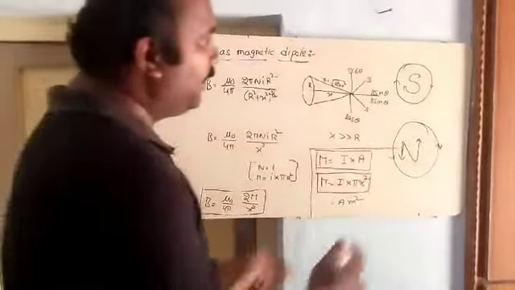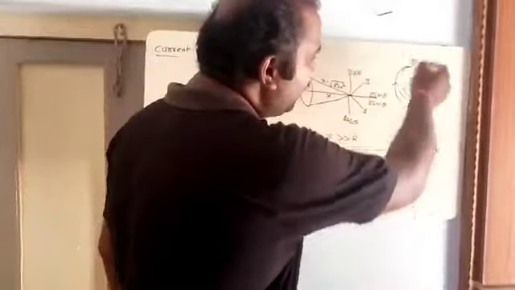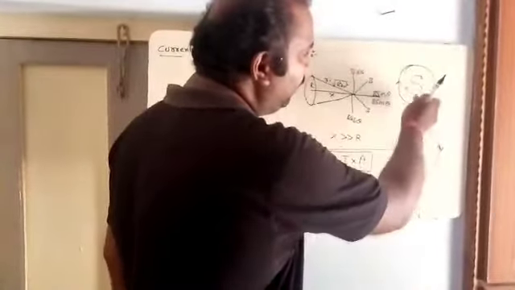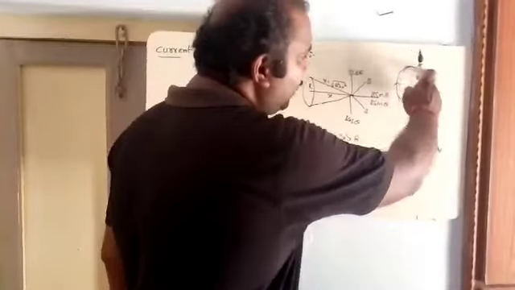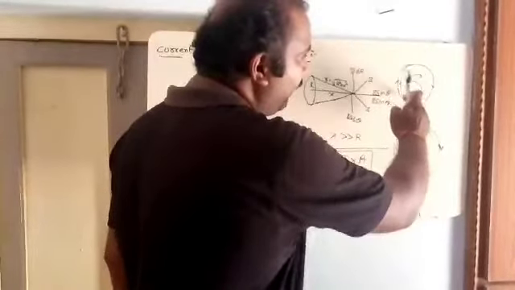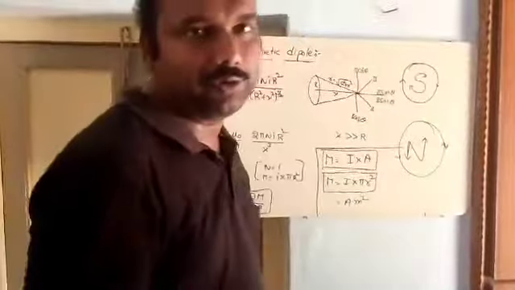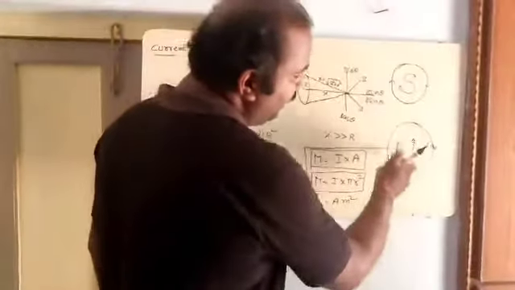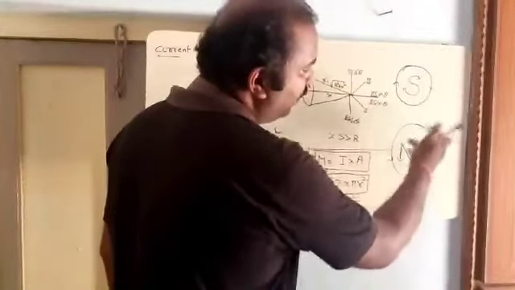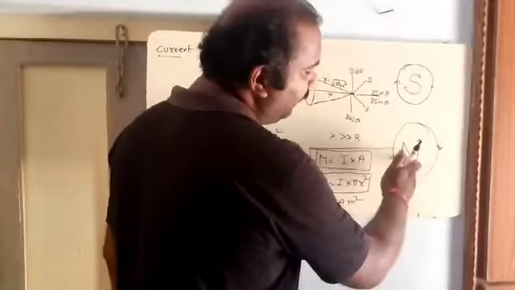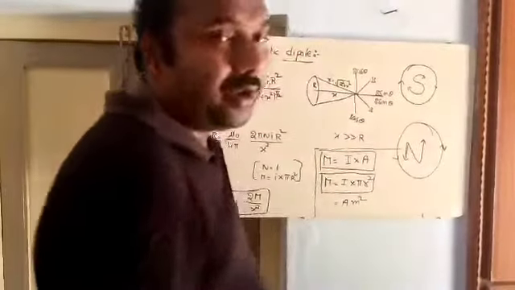So once again, observing the circular loop from the top, clockwise current makes that face act like a south pole, and anti-clockwise current makes it a north pole.